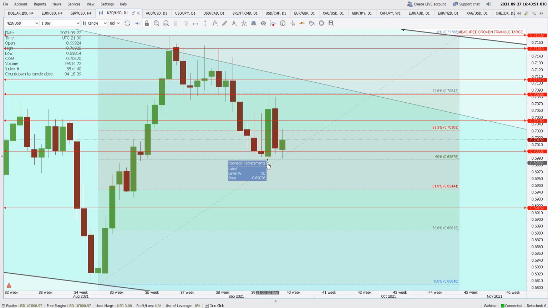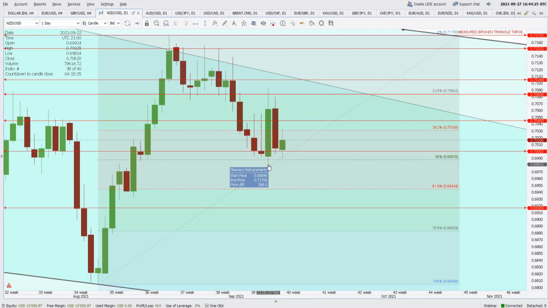Even if it had, there were a lot of buyers who were ready to open their long positions at around 50% of the retracement from this to this. So those buyers were able to push the prices higher at around 0.7092, but there the sellers jumped in and pushed the price back to the 0.700 region. Although the sellers failed to make a low lower than Thursday's low, and Thursday's low was 0.69814.